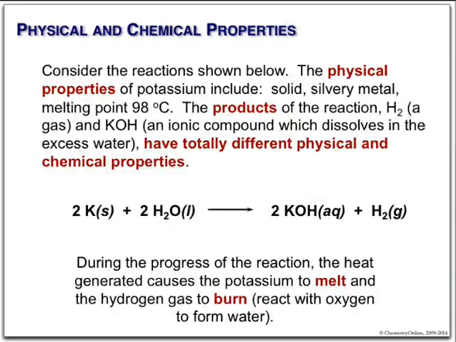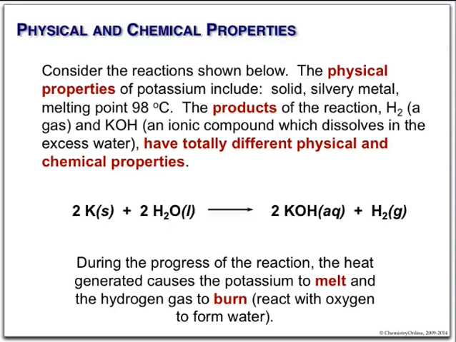When they react, this will form potassium hydroxide. That's KOH. We'll talk about that in chapter 3, I think. And we'll also form hydrogen gas, which we all know now is H2. This is a chemical equation.